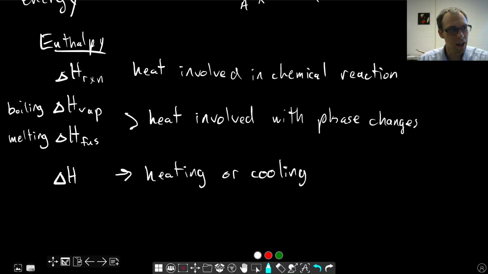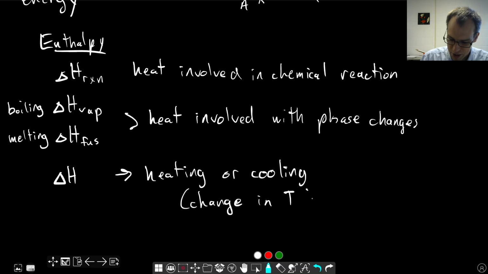Right, so there are enthalpies associated with that. There's heat exchanged because there's a change in temperature. Right, and that's our definition of heat, is that it's energy exchanged because of a difference in temperature. So if we have something hot and something cold and we put them together, we want to figure out how much energy is exchanged. So these are types of enthalpies that we'll see.